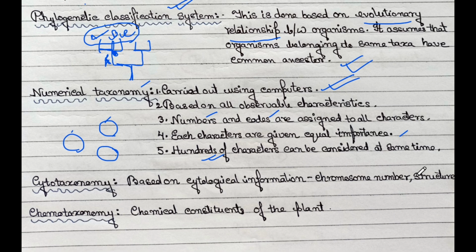Now there is another form of taxonomy, which is cytotaxonomy. This is again a type of natural classification, and it is based on cytological information. What are the cytological informations? Chromosome number, structure, as in cell structure.